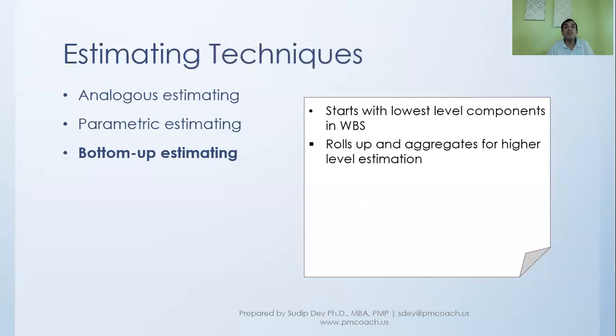And then we'll aggregate them up to find a higher level estimation, and finally at the project level, when we aggregate all the time and all the effort that will be taken, we get the higher level estimation.